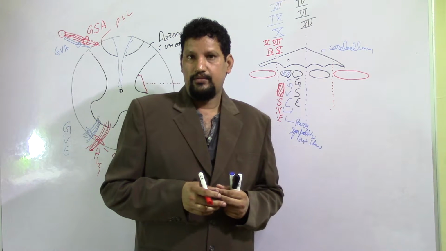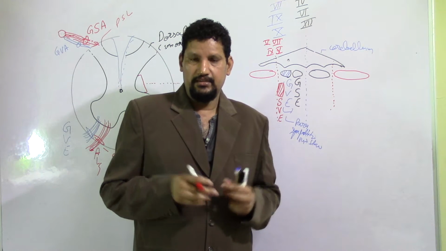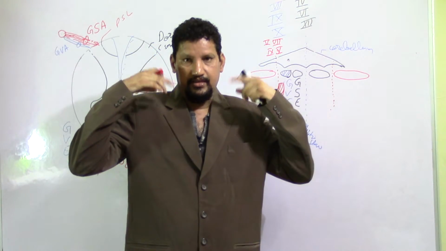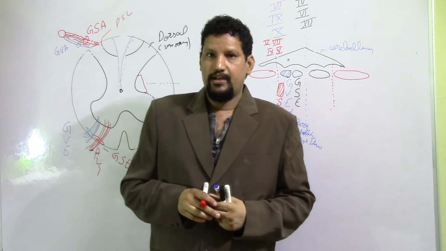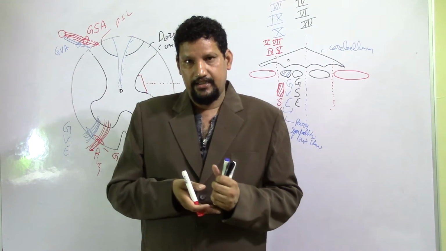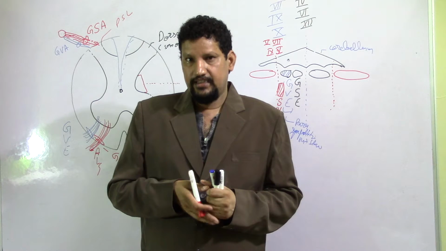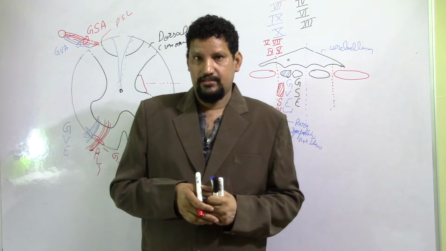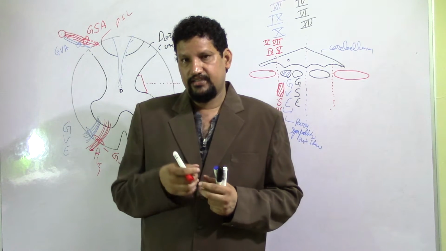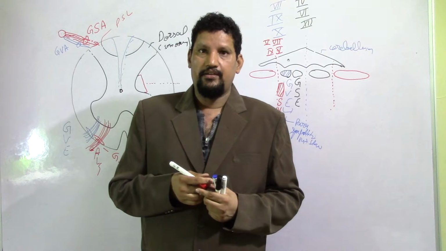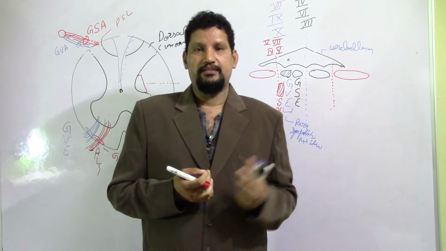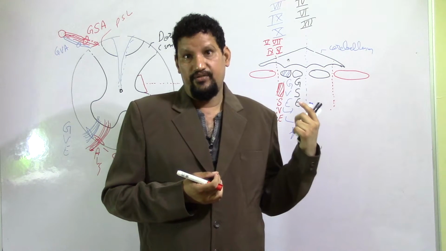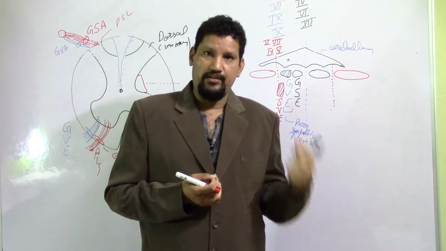For example, there are some muscles of facial expression. These are supplied by the 7th cranial nerve, and these muscles develop from the branchial arch. In the same way, the muscles of mastication also take origin from the branchial arch and are supplied by the special visceral efferent component of the 5th cranial nerve.